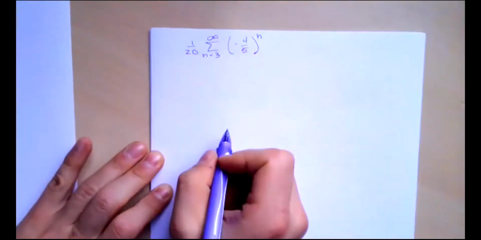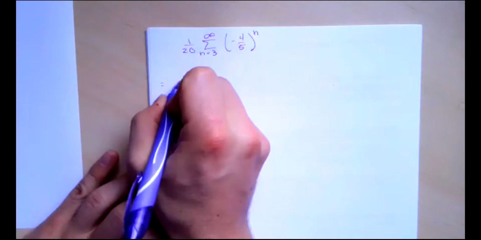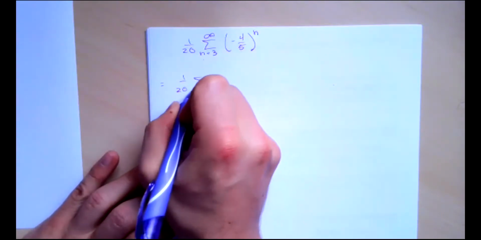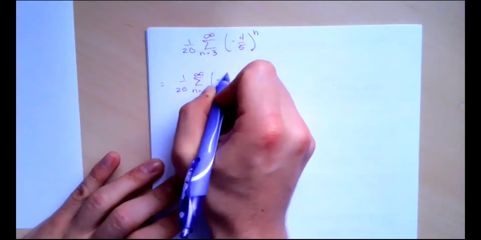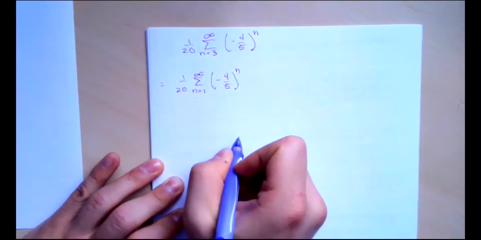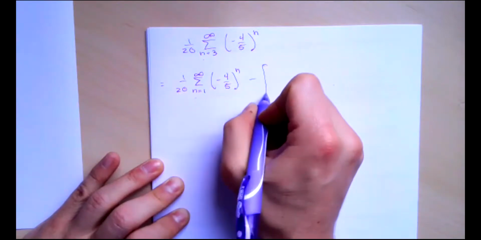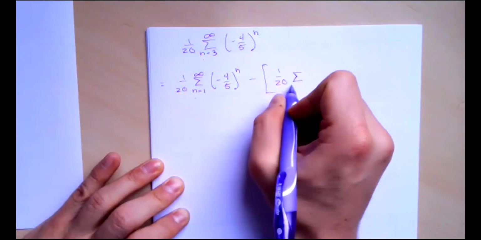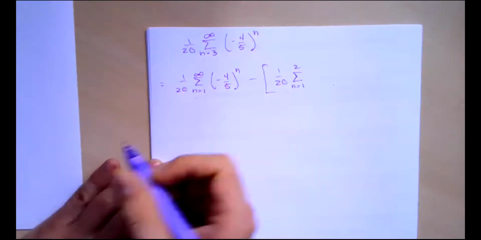The other way we can think about this is to say that it was 1 over 20 times the sum, well, if I start at 1, I'm adding 2 terms. So this isn't the same, because this guy has more. What we can then do is just subtract off the first 2 terms.